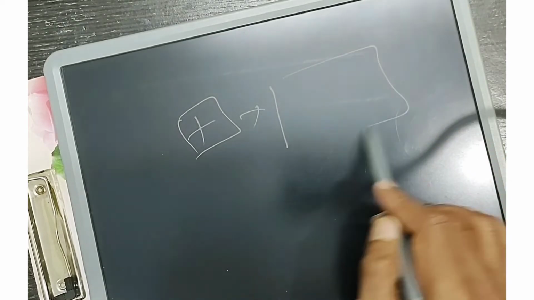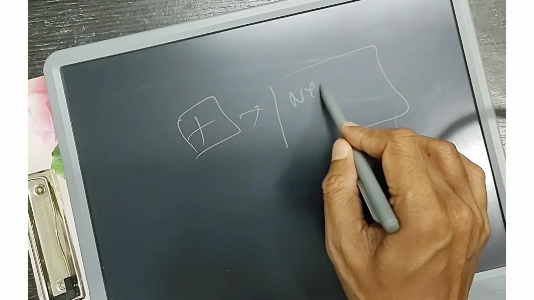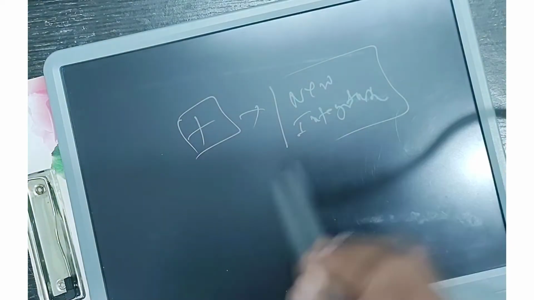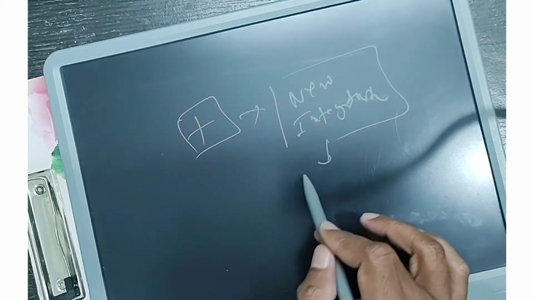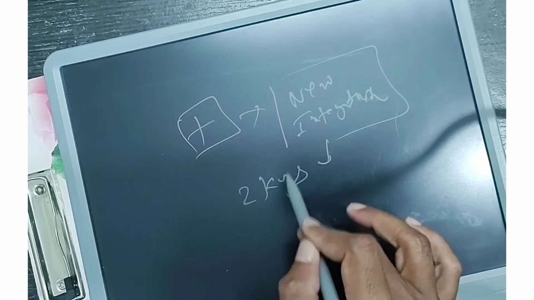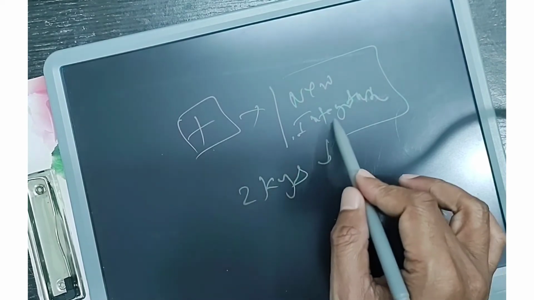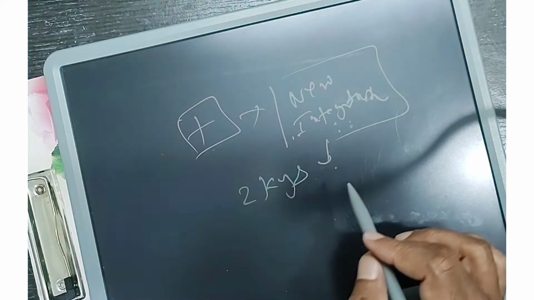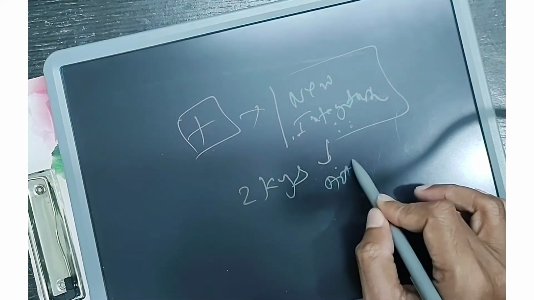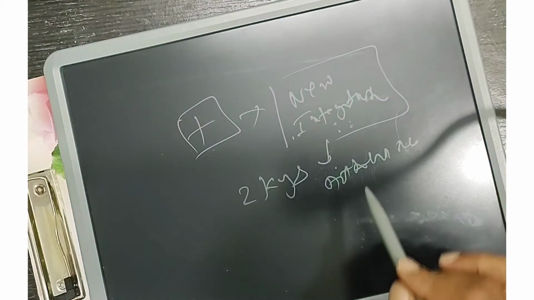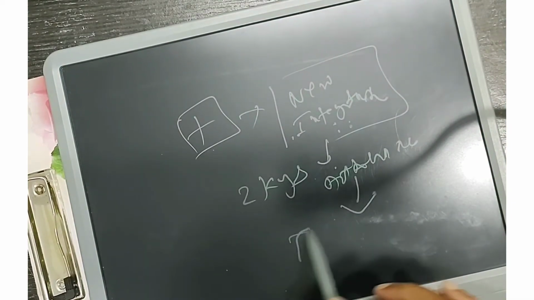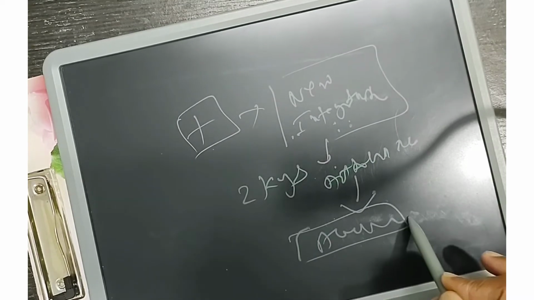Then you can add a new integration runtime. After installing and clicking on the new integration runtime, you will get two keys. Those are the authentication keys. You need to provide these two keys in your Azure portal.